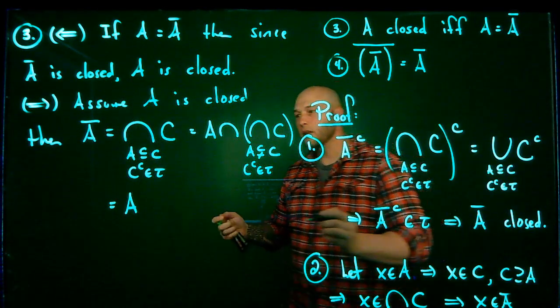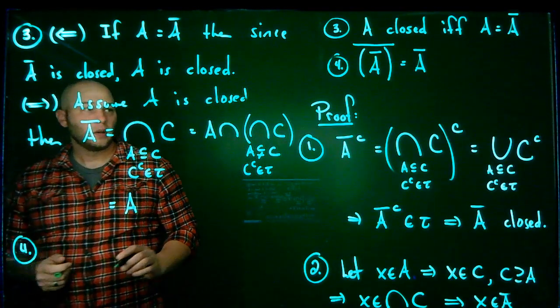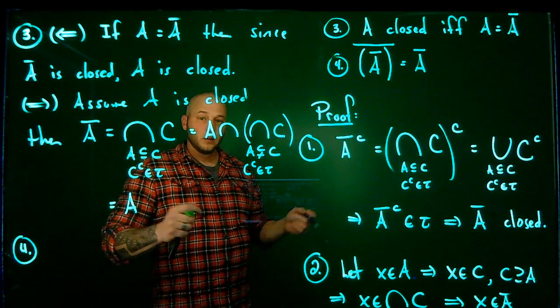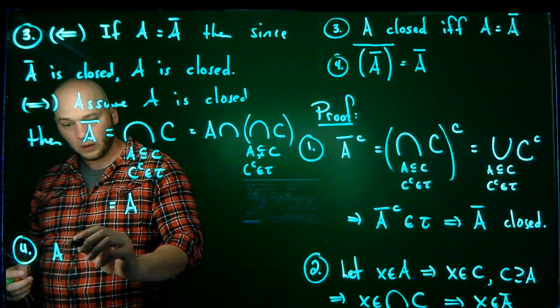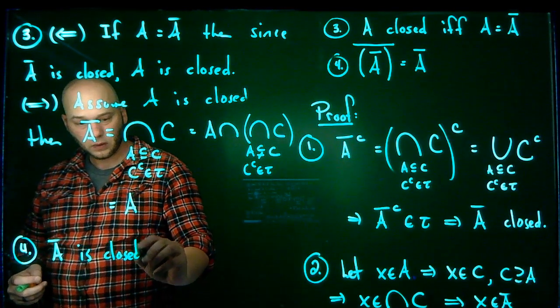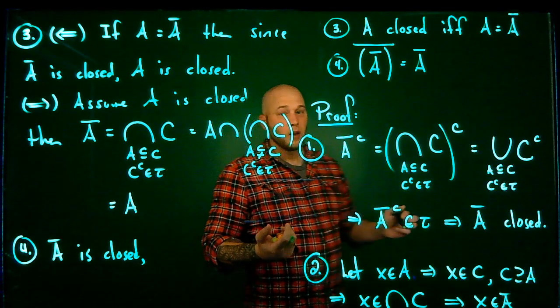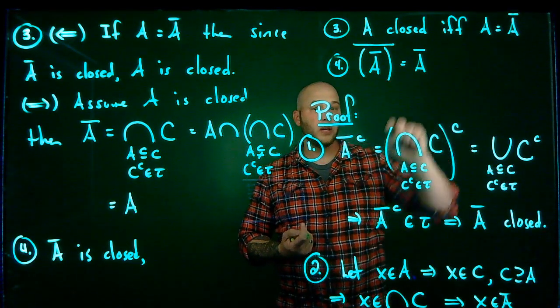Okay? And then finally, 4, that the closure of a closure is equal to the closure. Well, the closure is closed. We've established that. And what did we also just prove? That a set A is closed if and only if that set is equal to its closure.